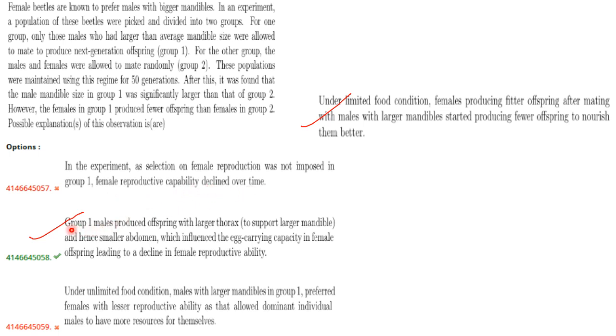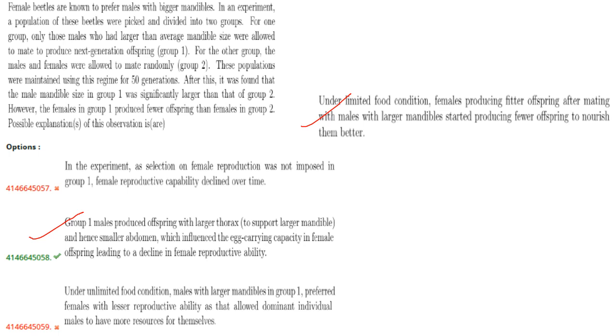That is not correct. Group 1 males produced offsprings with larger thorax to support larger mandible and hence smaller abdomen, which influences the egg carrying capacity in female offspring, leading to a decline in female reproductive ability. That could be one reason. So option 2 is correct.